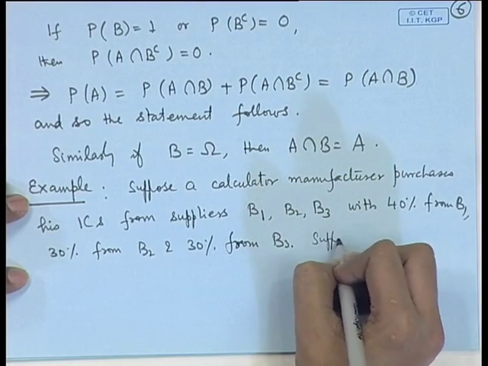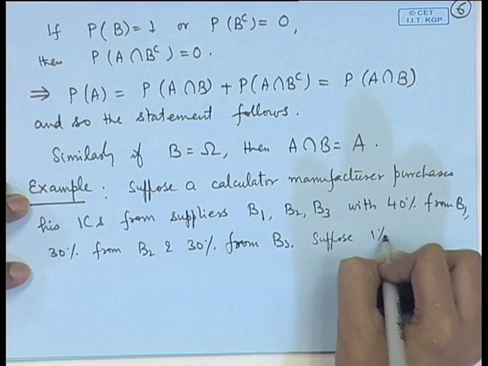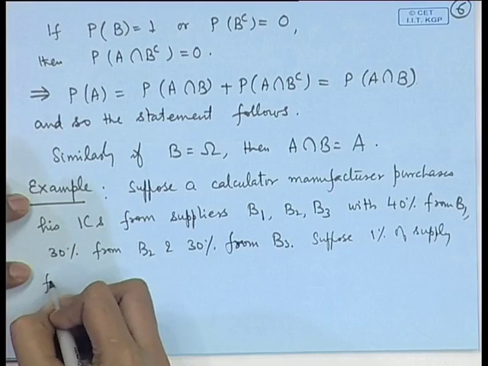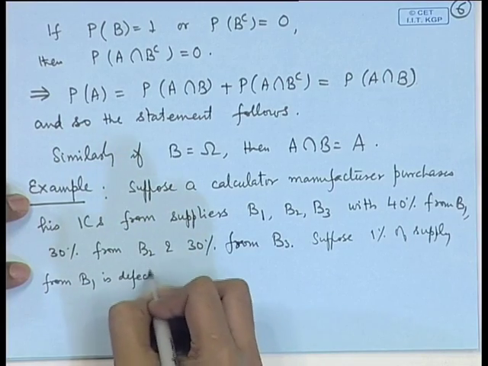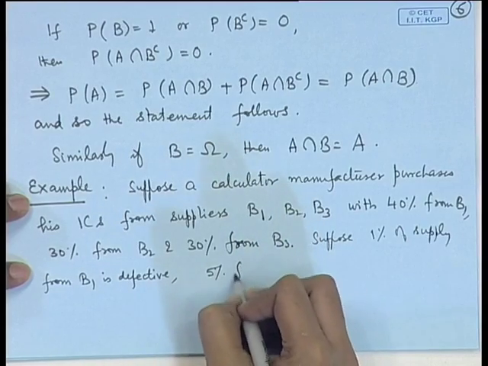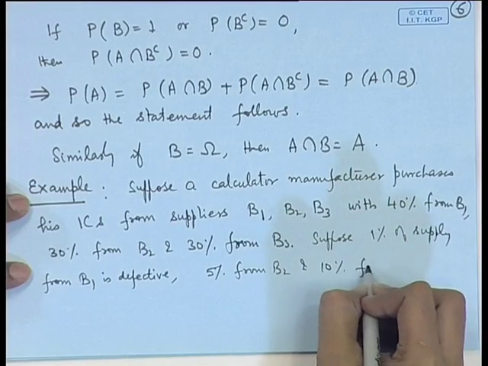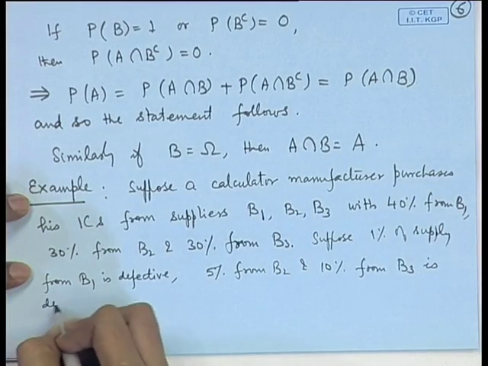Suppose 1% of supply from B 1 is defective, 5% from B 2 and 10% from B 3 is defective.